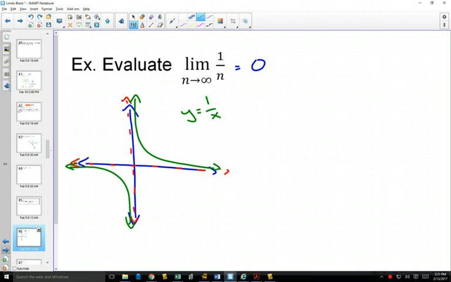What we're asking is, as x gets really, really big, what happens to your y values? And you can see from your graph it is getting really, really close to that asymptote at y equals 0. So anytime we divide by a really large number, it's going to get closer to 0.